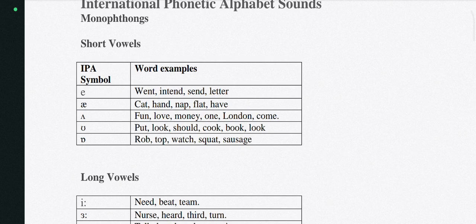Okay, next is a sound. It is an inverted V written over there. You have to learn that sound. You have to write it in your notebook. Okay, write it in your notebook and learn. That is a. Okay, so the third symbol is a. Fun, love, money, one, London, come.